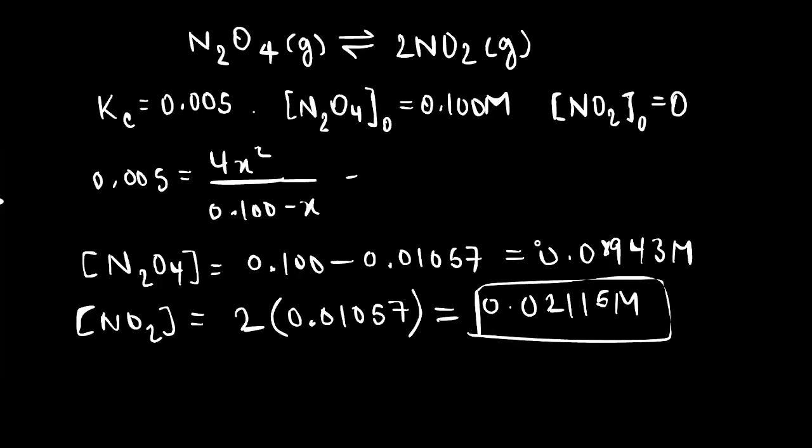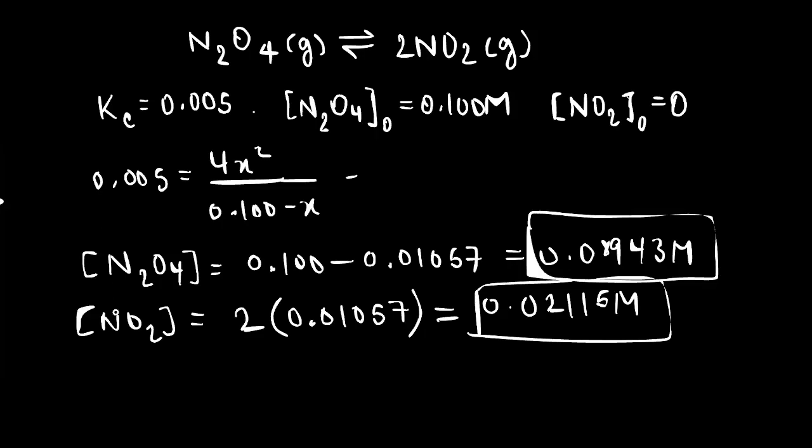So the method with approximation that we used is something that you can use. In fact, you will use that for a lot of problems. I just wanted to give you an example here where you couldn't. Because again, like we talked about, once you do your approximation, you need to check whether the value of x is less than or equal to 5% of our initial concentration. And in this case, it wasn't, right?